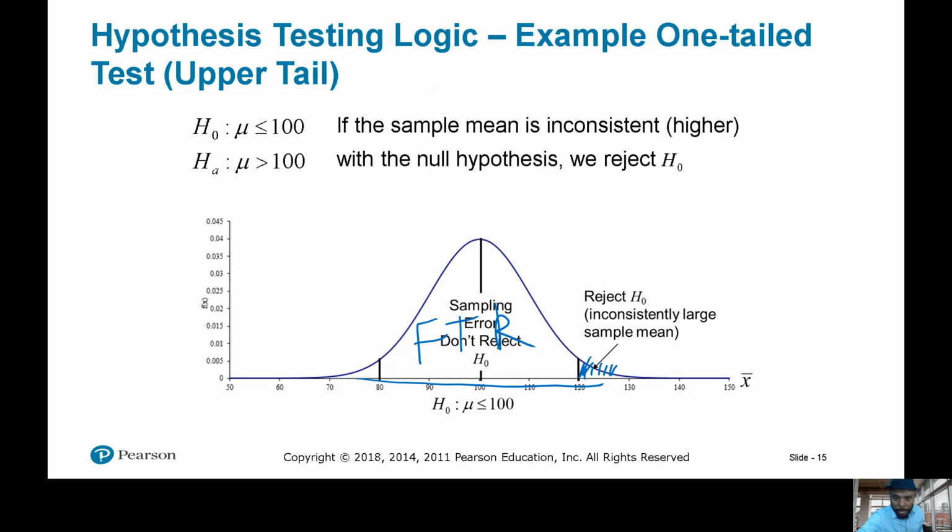Looking at this here, our null hypothesis says that the mean is less than or equal to 100 and the alternative is that the mean is greater than 100. If the sample mean is inconsistent with the null hypothesis, that is, higher, we reject the null hypothesis. So if it's way high, above 120, somewhere around here, it's in the rejection region.